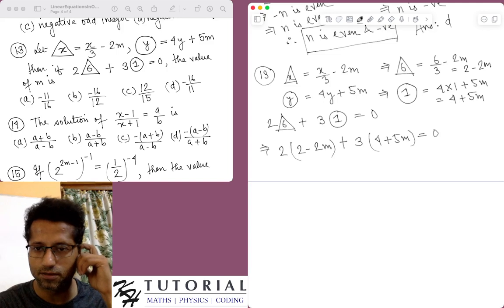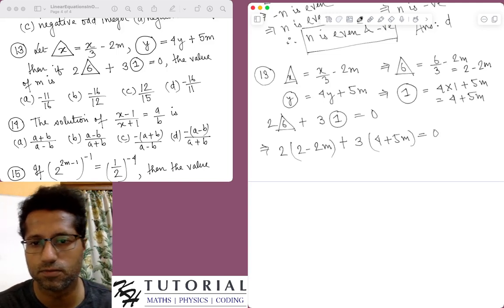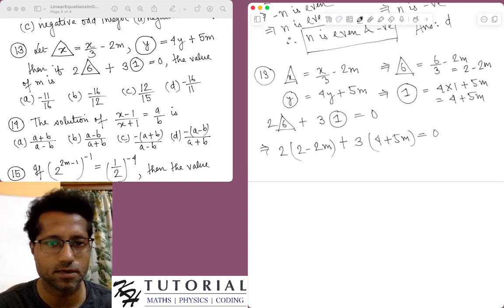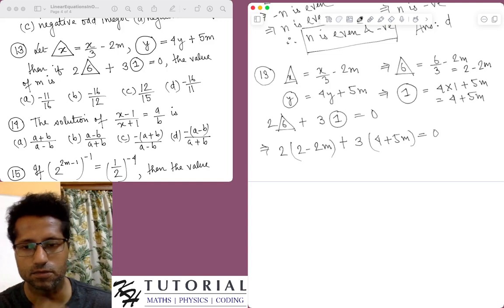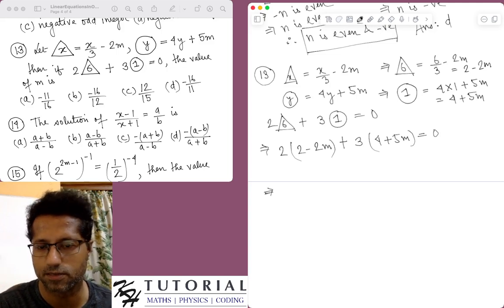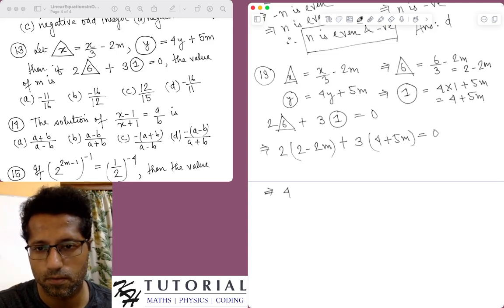So we now see there is a kind of linear equation in terms of m. So from here we have to find the value of m so that this equation is satisfied, and the problem has asked for the value of m. Okay. So now if we simplify further, that is open the brackets, we get 4 minus 4m plus 12 plus 15m equals 0.